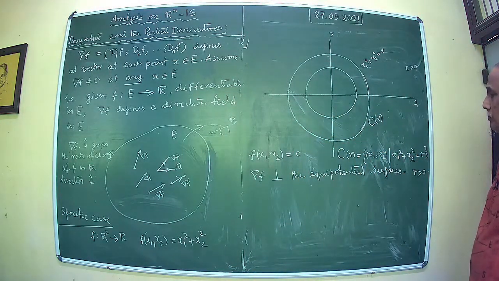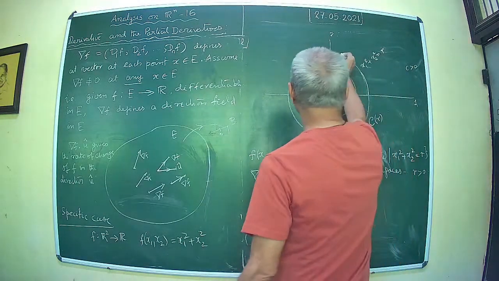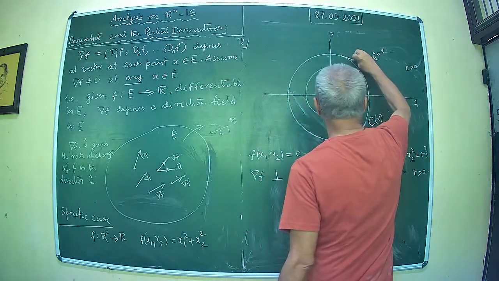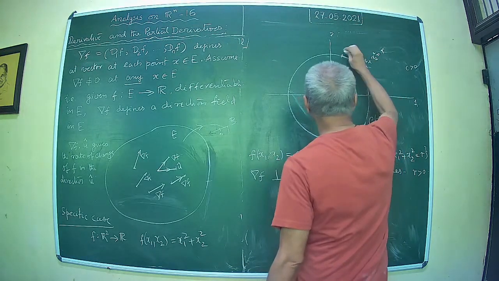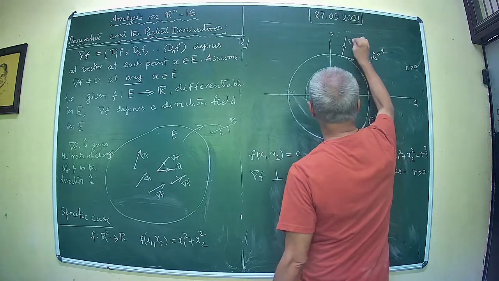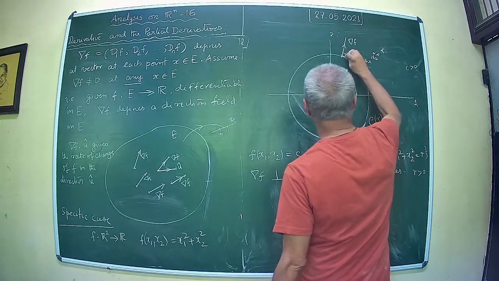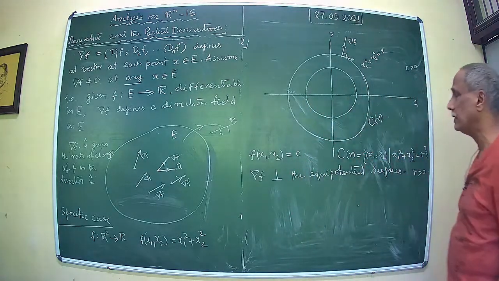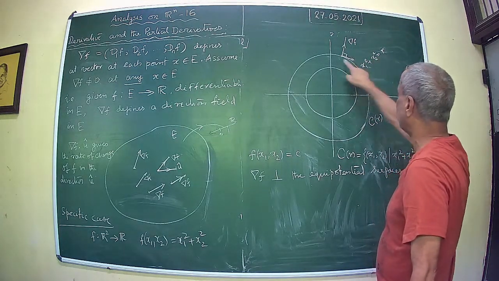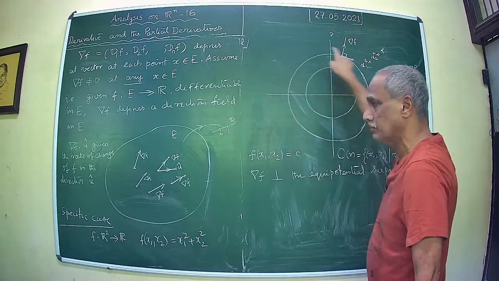Why? Because if you take any vector along this, then you see that the grad F is orthogonal to it, and the dot product would be vanishing because the value of the function does not change along this direction.